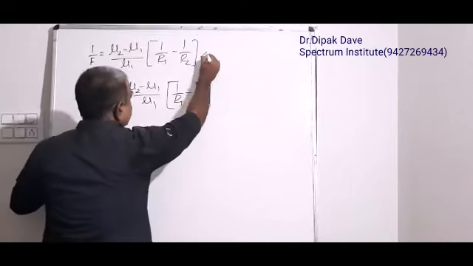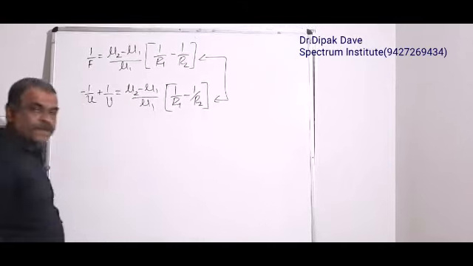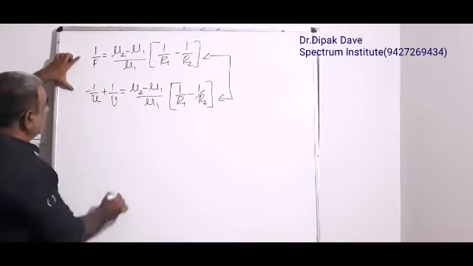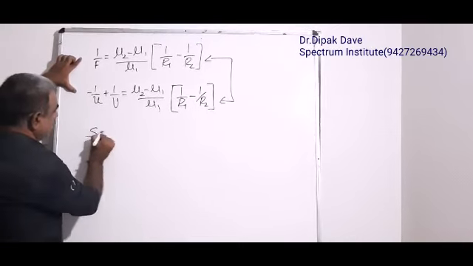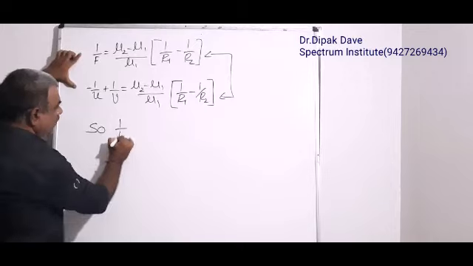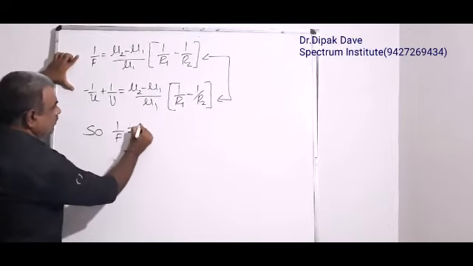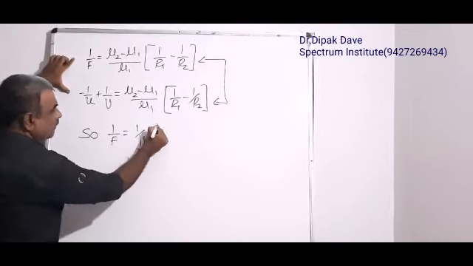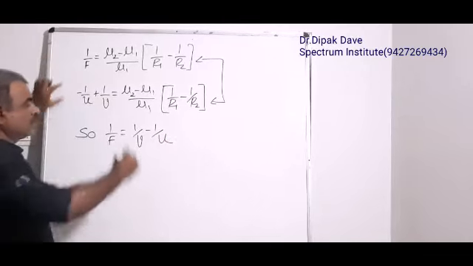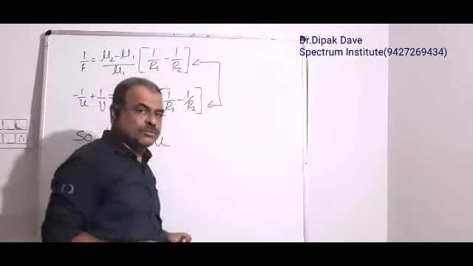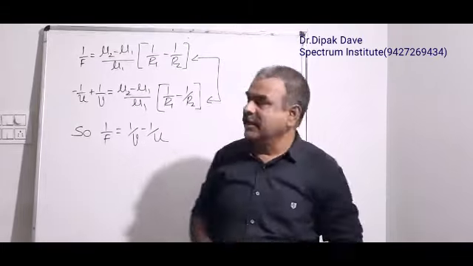So both these equations have the same right side. By comparing the left side, what we get is 1 by f is equal to 1 by v minus 1 by u. This is the Gauss formula for thin lens, or the thin lens formula.